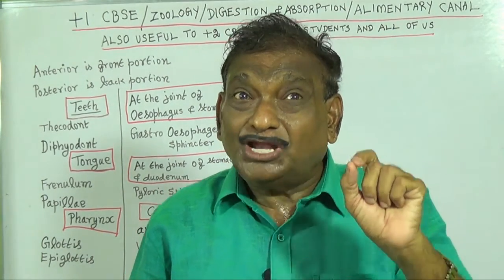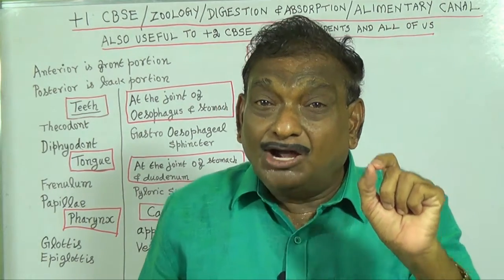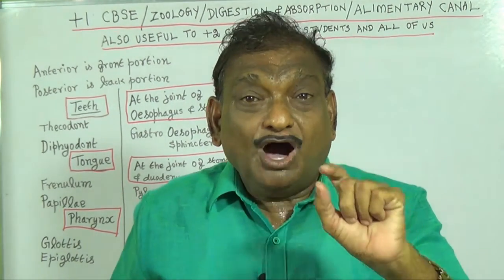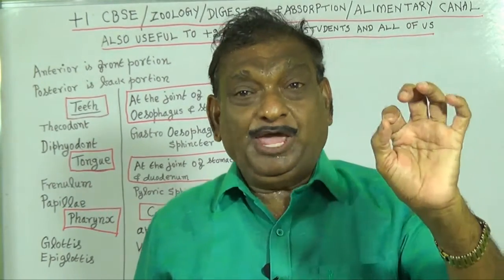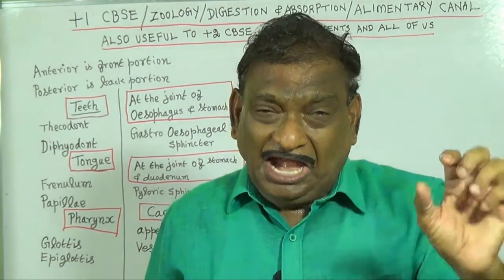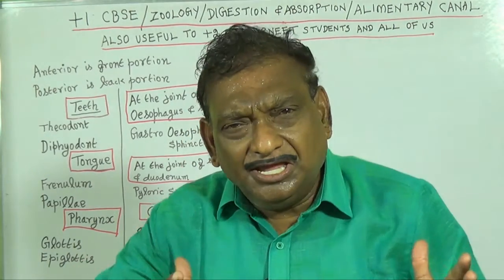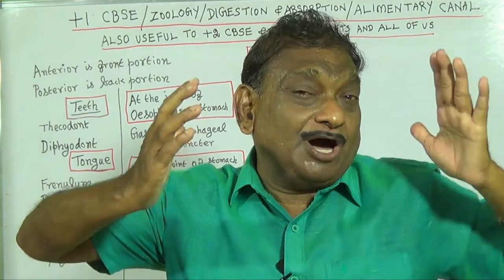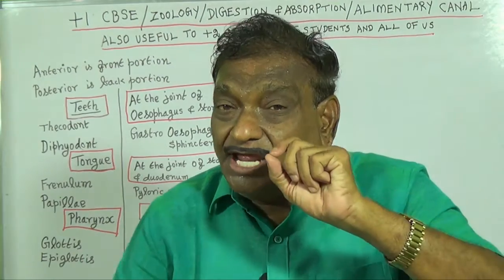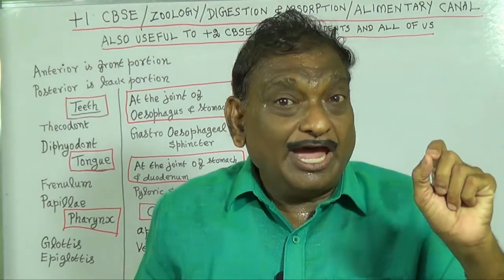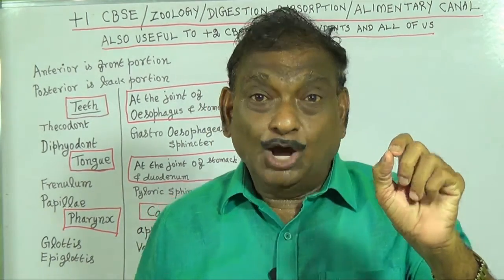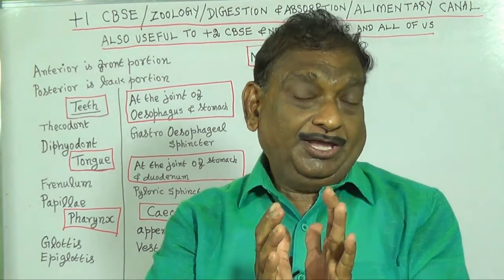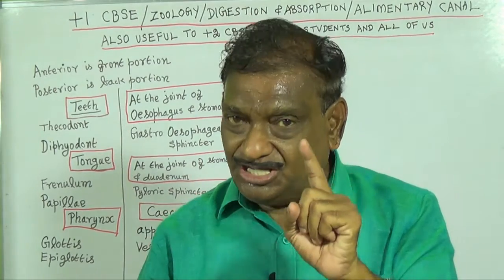So, what arrangement our God has given for not entering the food into the windpipe, that is trachea. An excellent arrangement is provided by our God for not entering the food into the windpipe. The opening of the trachea is called glottis.